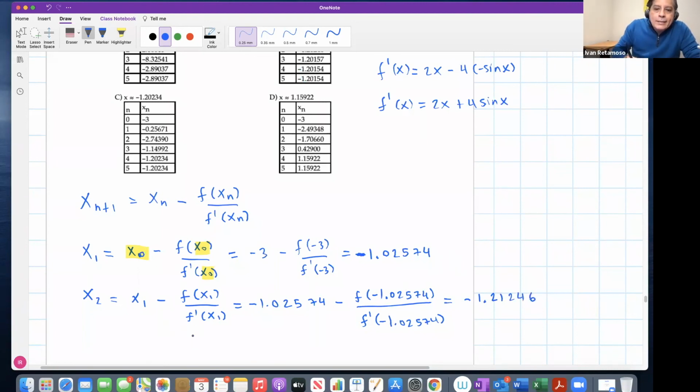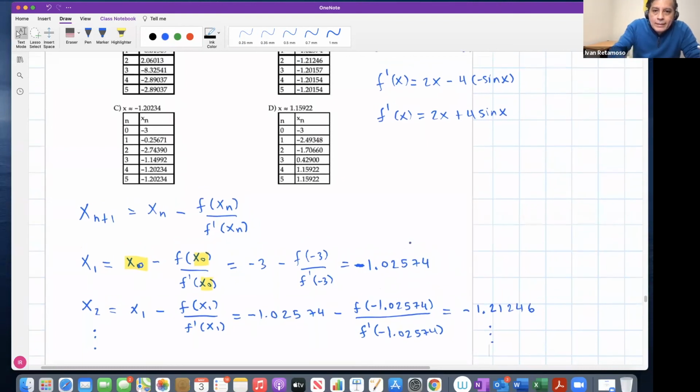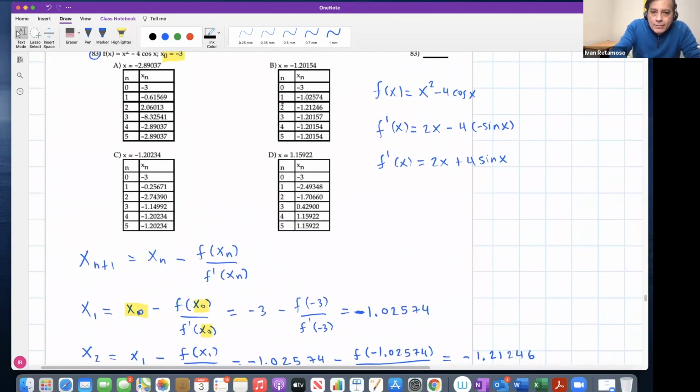And similarly, you can get x3, x4, and so on. And then I will put dot, dot, dot. You continue and then you can get the rest. But you can notice that with the first computation, with x1, you should be able to identify the table right there. Eventually, it gets stabilized. So at step 3, you will get the same answer.